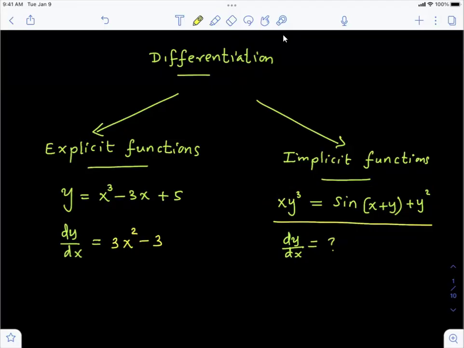If you try to simplify this, or solve this equation for one of the variables, either x or y, the main obstacle is to unify them, to gather them algebraically on one side. Here you have y cubed, here you have y square. You can simply transfer this onto the other side.